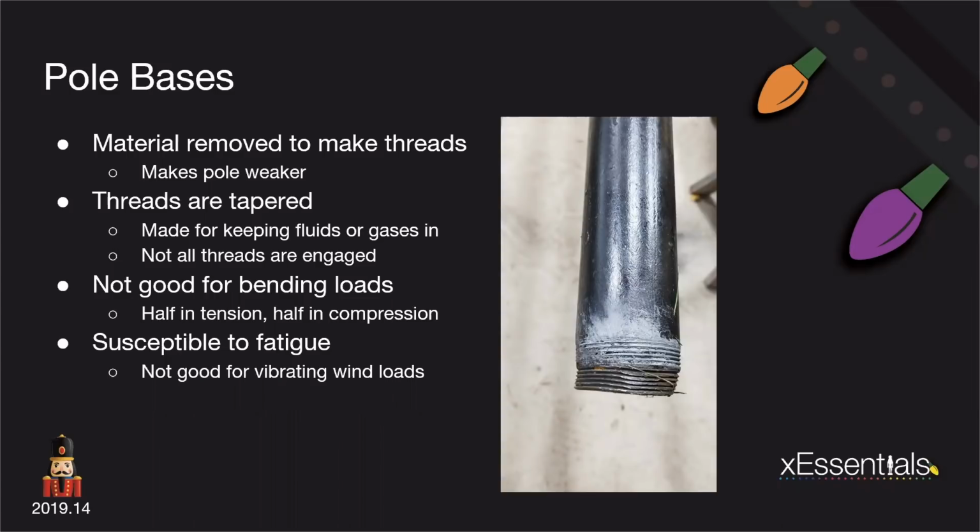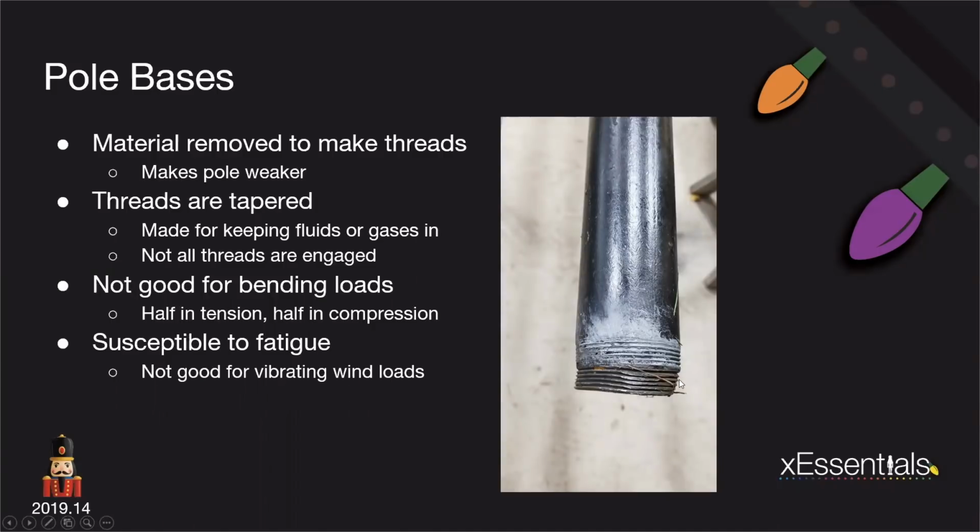So those threads are tapered, so it only screws in part way. You can see on here the clean threads versus some dirty threads up top. These were probably exposed to the air, had a little bit of stuff going on. These are clean because they probably screwed into the other thing. As we started getting to some bending on that, it looks like the threads over on this side compressed a little bit.